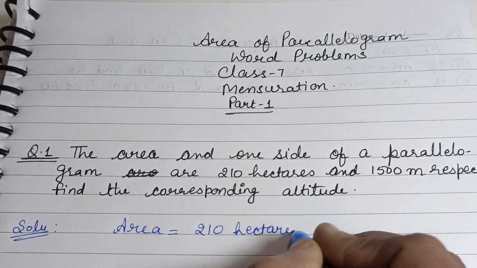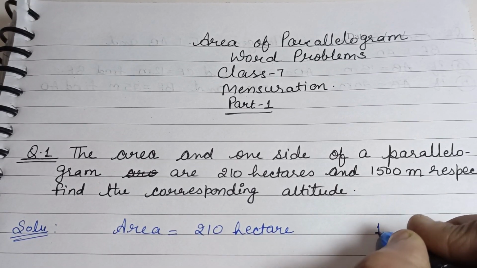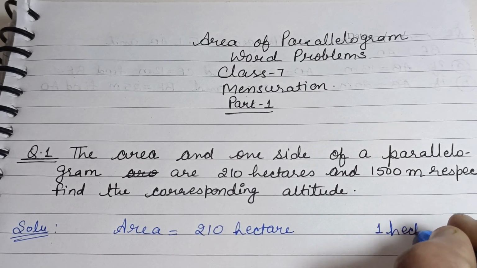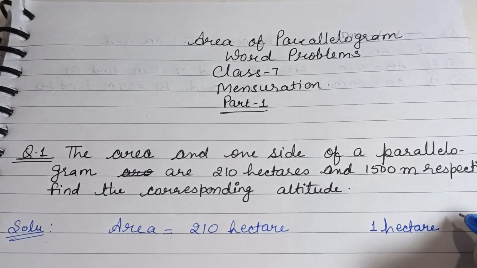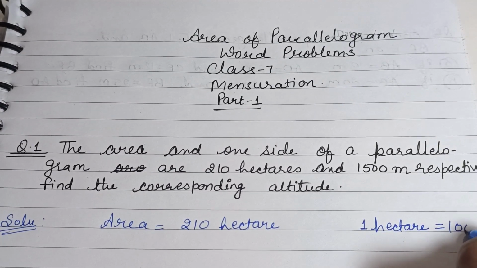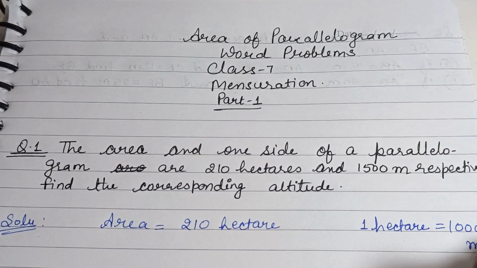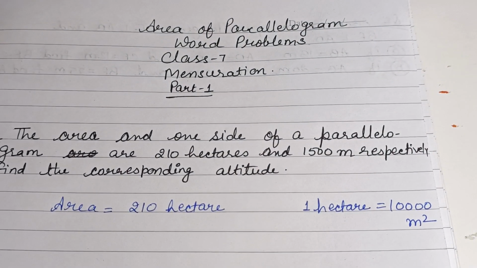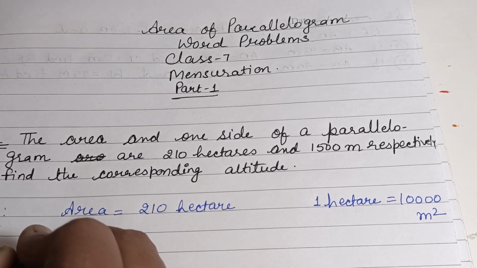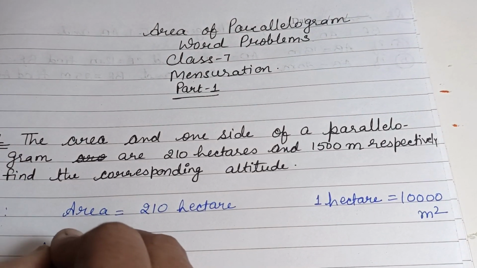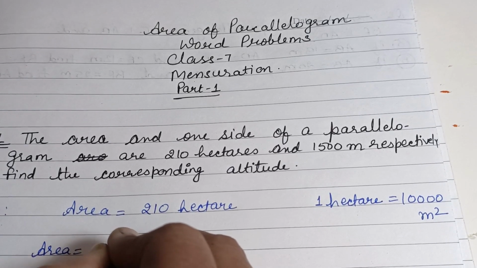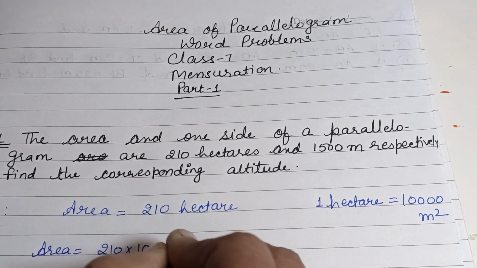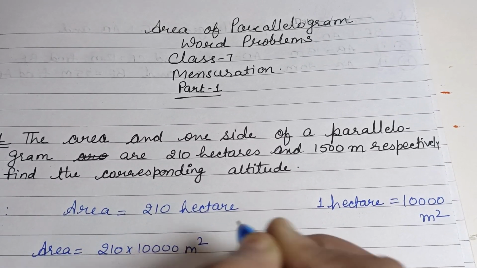Hectare is a unit to measure area. 1 hectare contains 10,000 meter square. That means in meter square, the area will be 210 multiplied by 10,000 meter square.